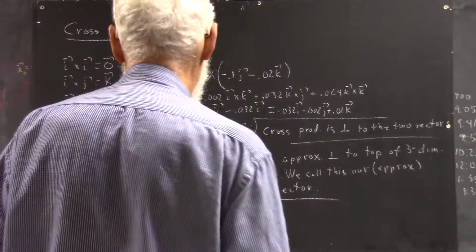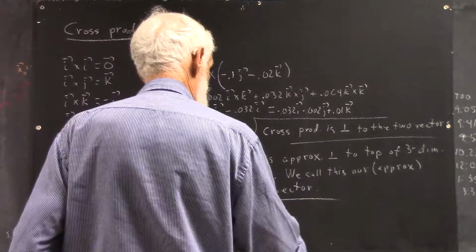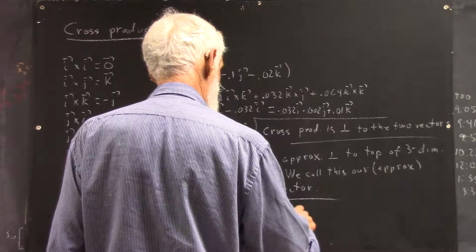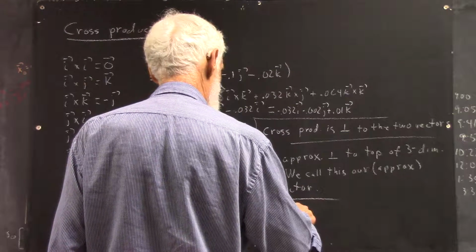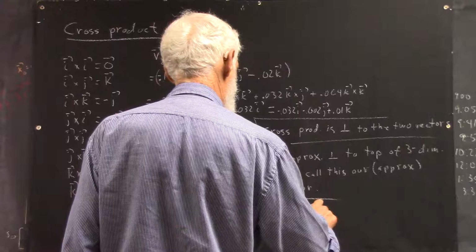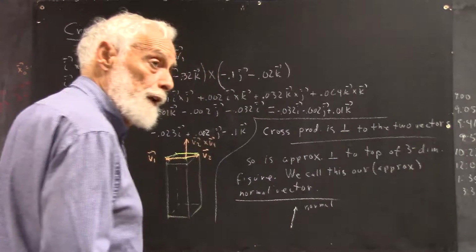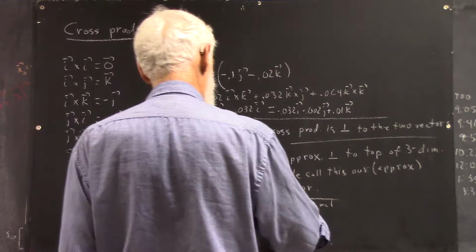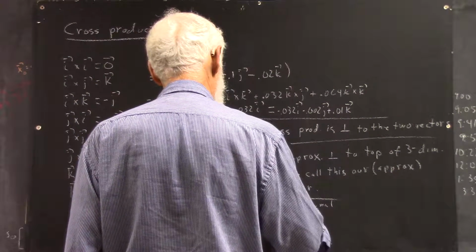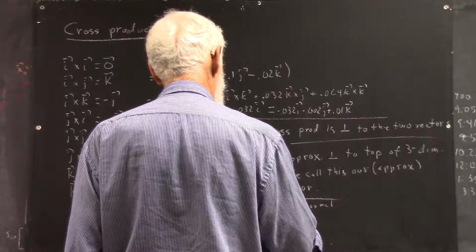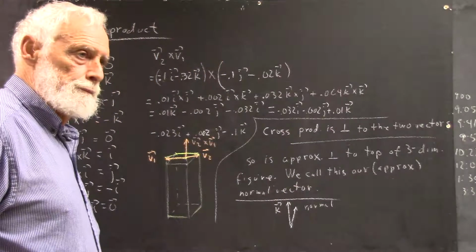And I'll just say this fairly quickly. There's the normal vector, and here's the k vector. Okay?